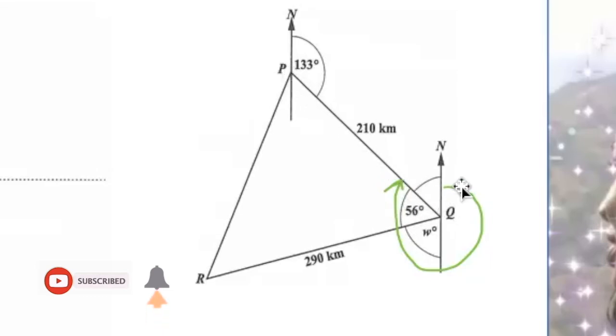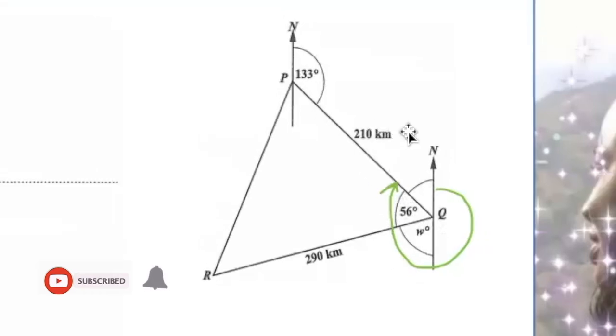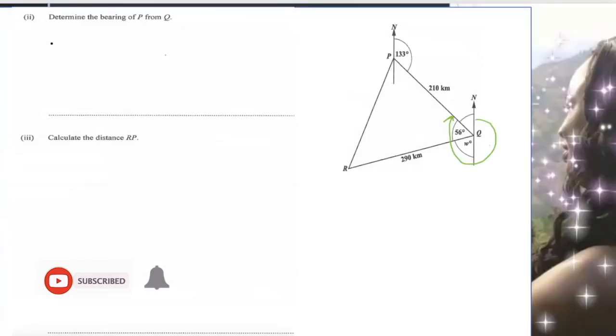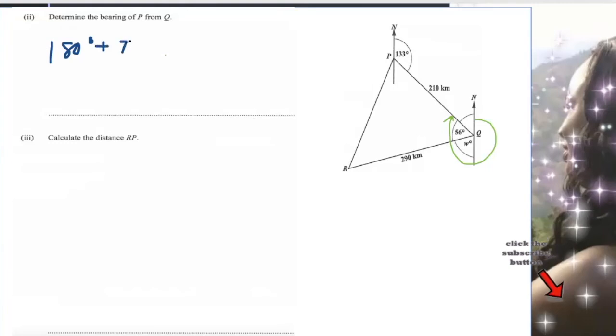So this line assists us to accurately measure the angle that is formed between the north line and the point P. So measuring this angle, we know from the North Pole to the South Pole, that will be 180. So we know we have 180 degrees. We also know that W is 77 degrees. So I will have plus 77 degrees.